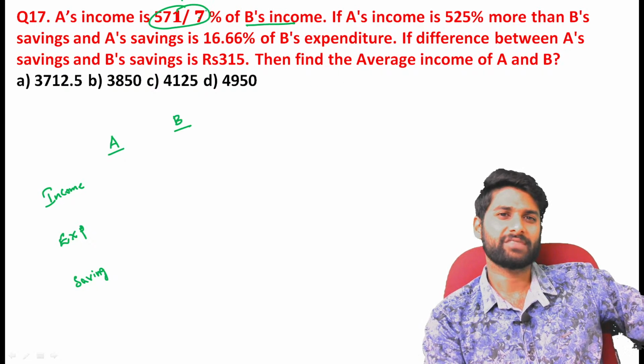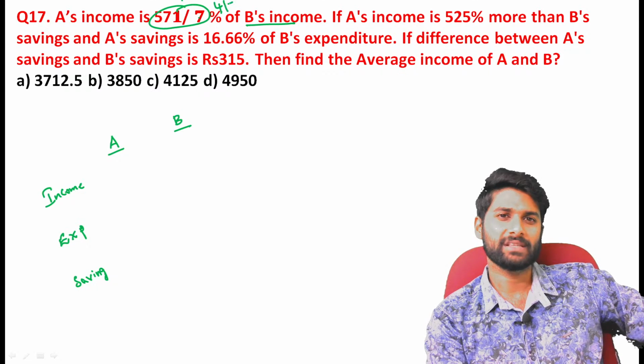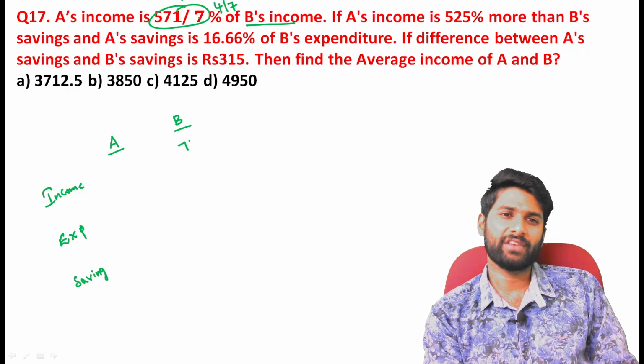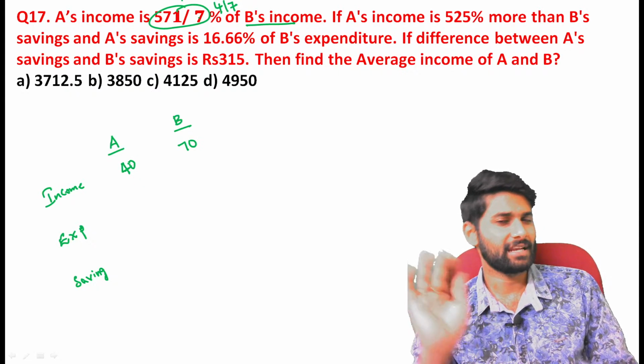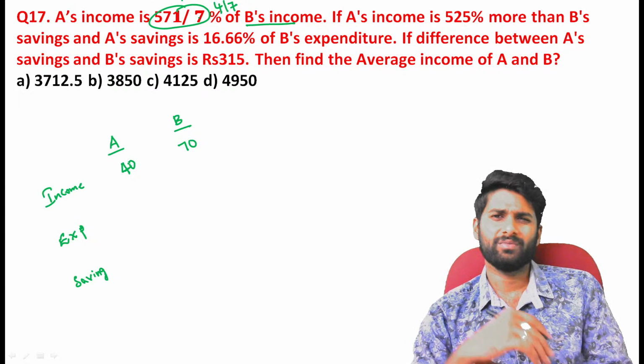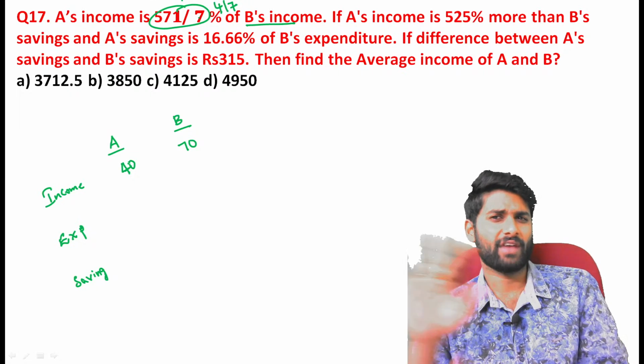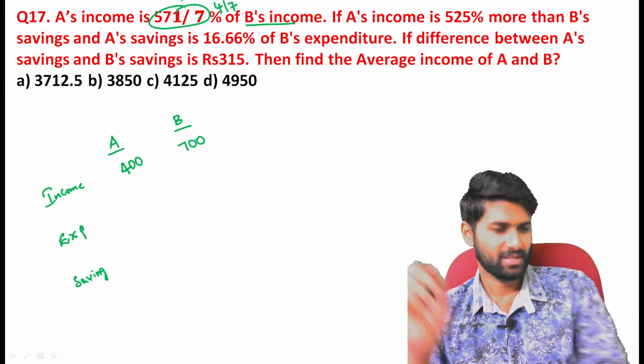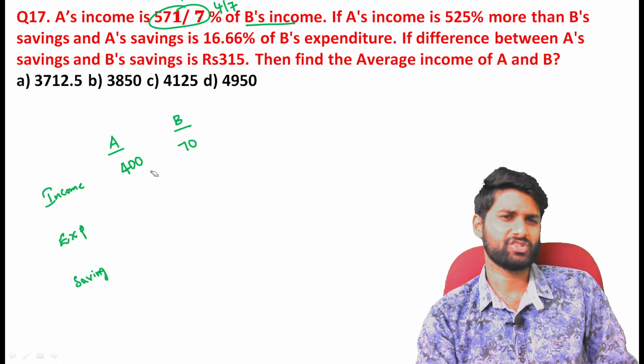So, what is the 57 1 by 7 percentage value? 4 by 7. Now, I just consider here 70 units of income is B, 40 units of income is A. Now, I can get the first value. Now, there is a huge calculation, 525, so now I just assume the values 400, 700. That is better for you guys. Otherwise, you can take it as 40 or 70 based on your interest.